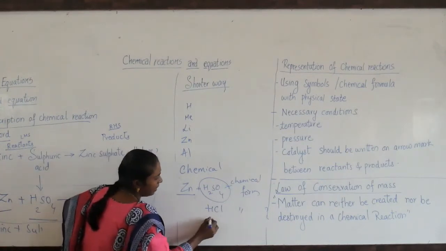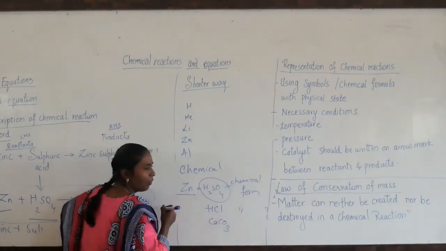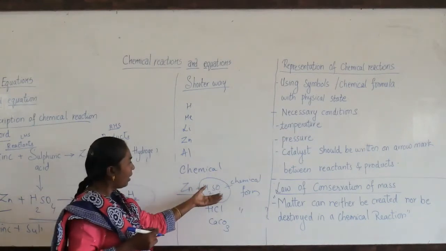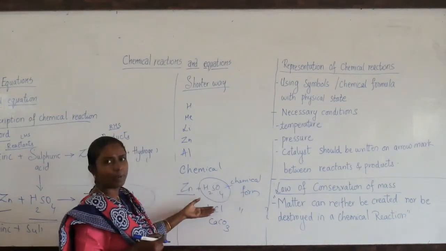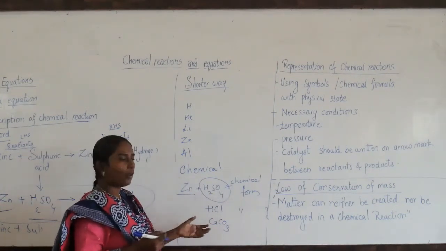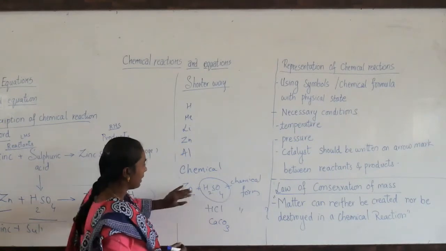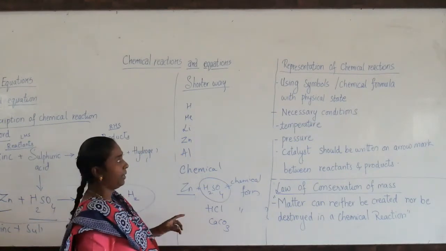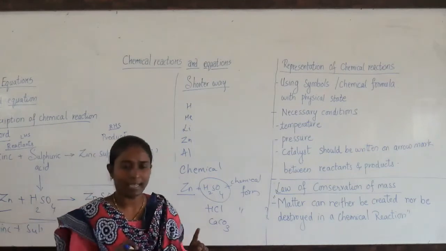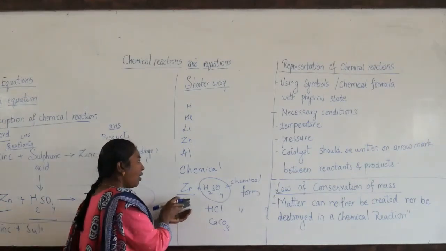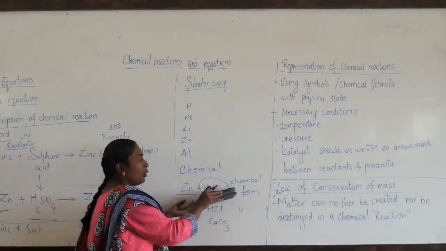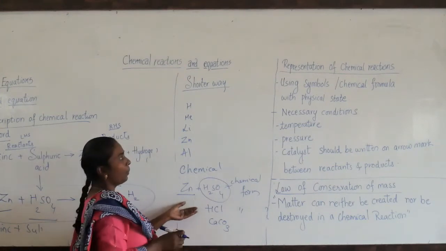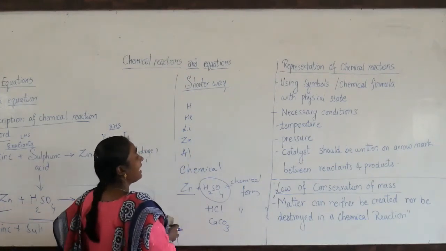Then you can see CaCO3. This is a chemical formula. We are aware of these formulas. So these are called formulas, and this is the symbol of the element. So while writing the chemical reactions, either use the symbol, or if a chemical formula is there, you need to write the chemical formula. Then with physical state.